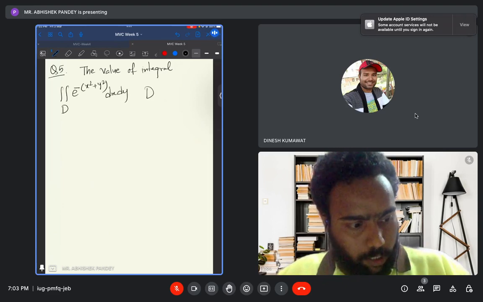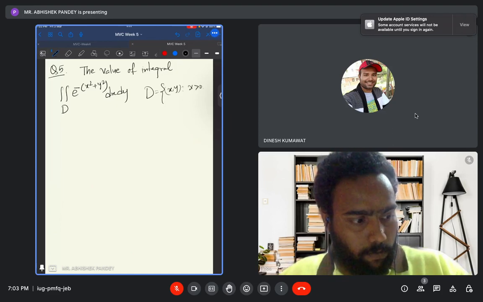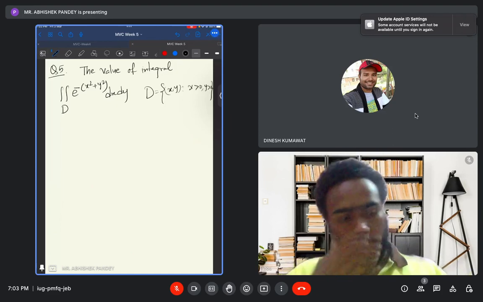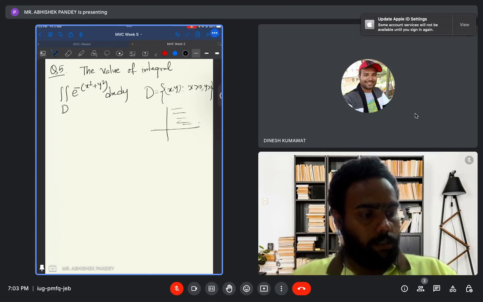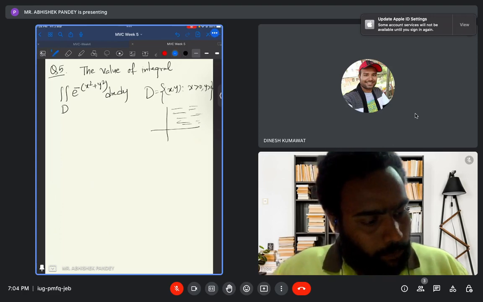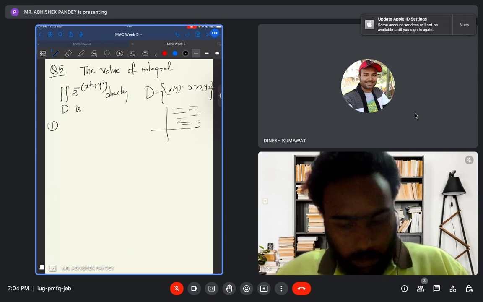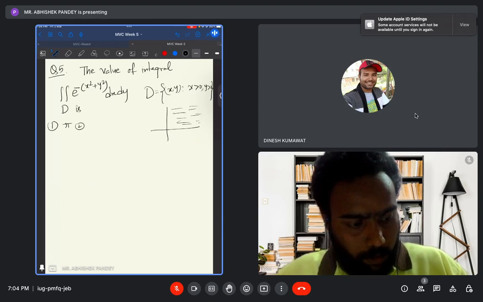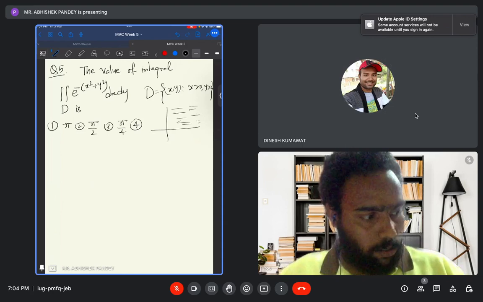Your D is the set of x comma y such that x is positive and y is positive, so this is basically the first quadrant. The options are pi, pi by 2, pi by 4, and 2 pi.